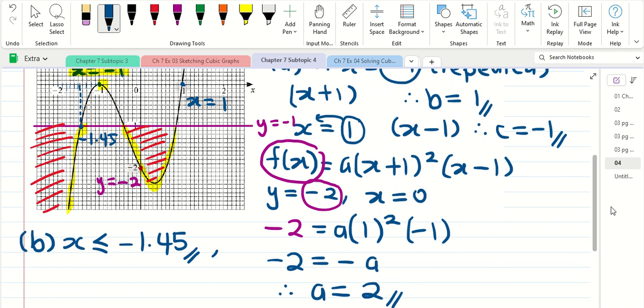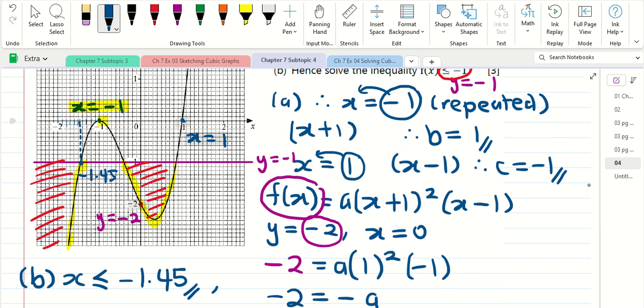And as for these 2 points, estimated, this one is going to be negative 0.1, 0.2, 0.3, negative 0.4. So this is negative 0.4. And this point is between the two small lines.